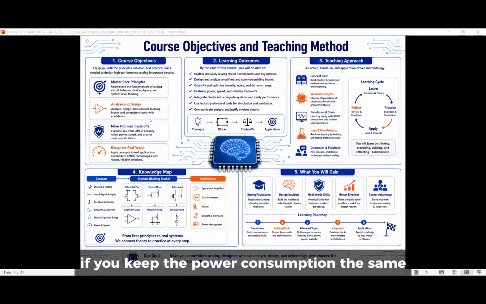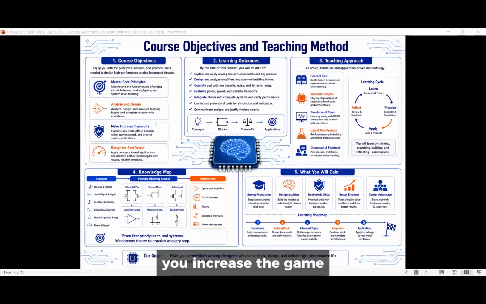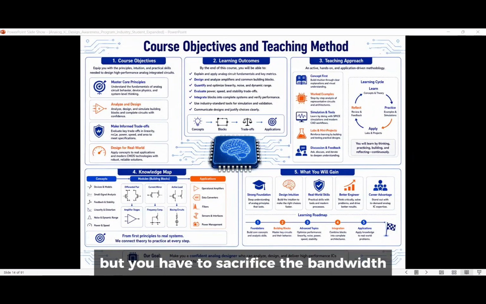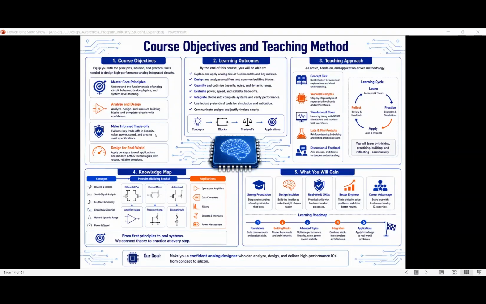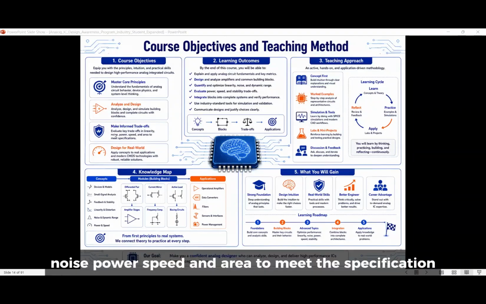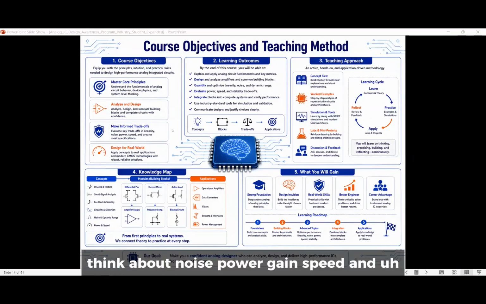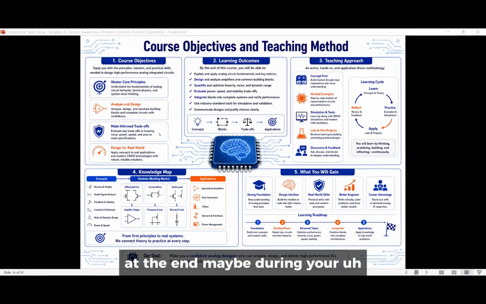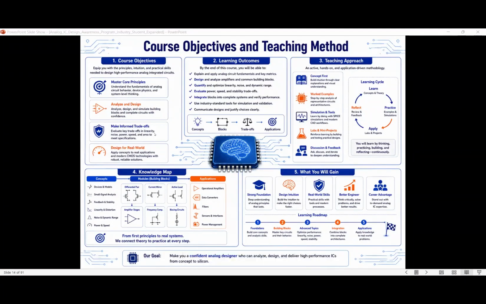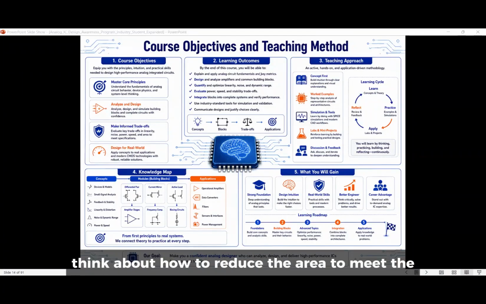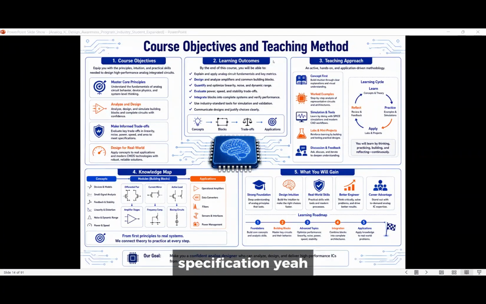If you keep the power consumption the same and increase the gain, you have to sacrifice the bandwidth. So you face this trade-off among noise, power, speed, and area to meet the specification. In this course, we normally think about noise, power, gain, and speed, and at the end, maybe during your training later, you think about how to reduce the area to meet the specification.